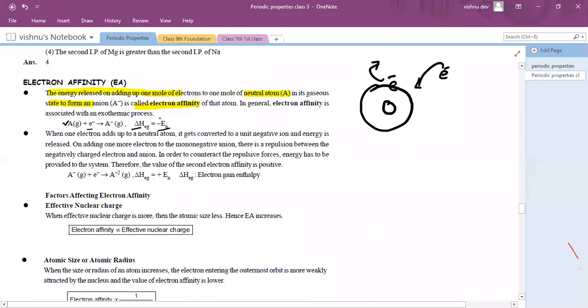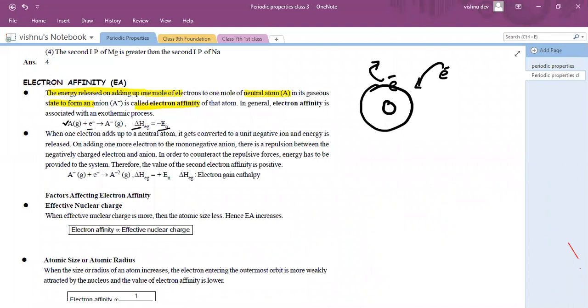So what is electron gain enthalpy? It is the energy change when 1 mole of electron or 1 electron is added to either 1 mole of neutral atom or 1 neutral atom in its isolated gaseous state.